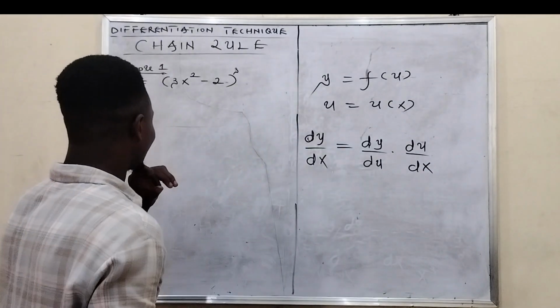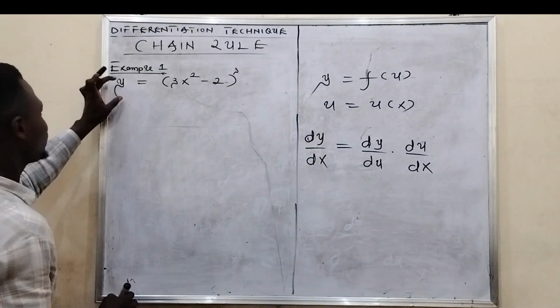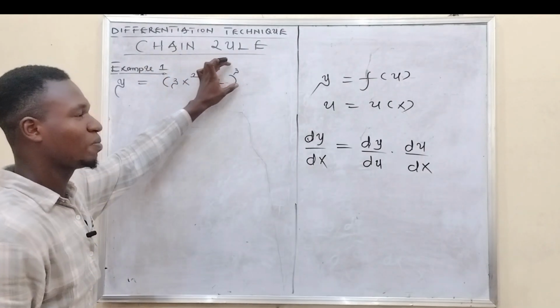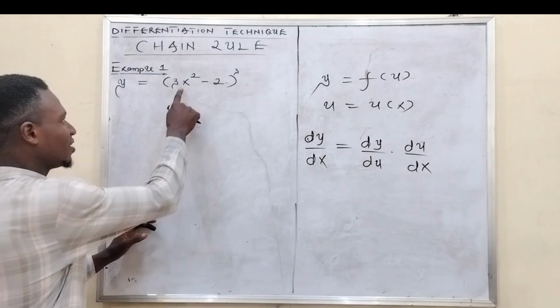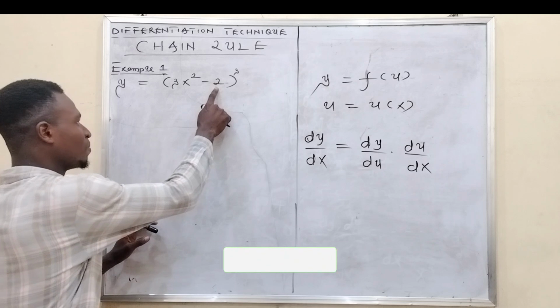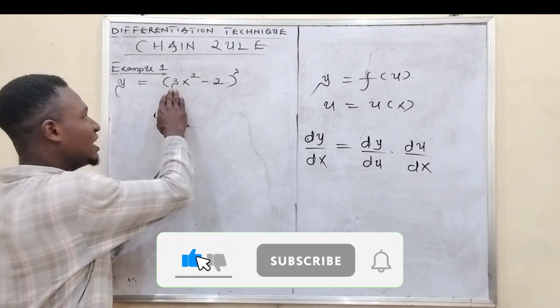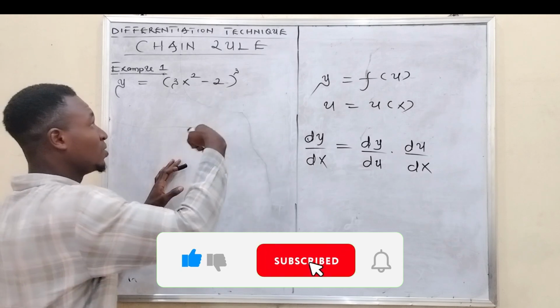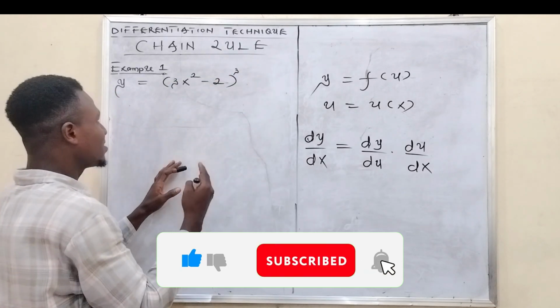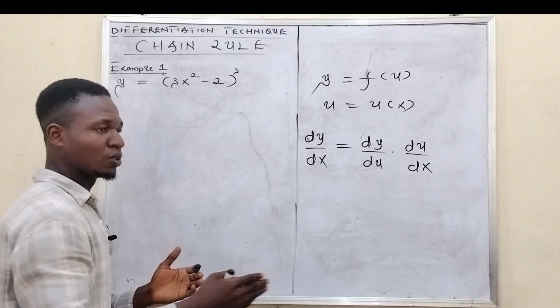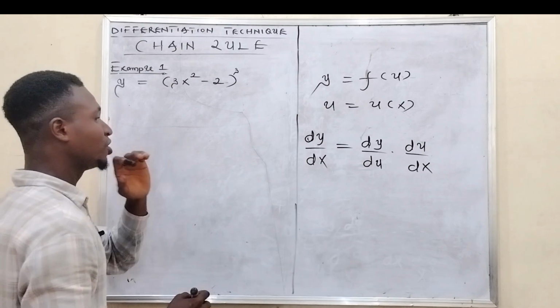Now, let us look at this example. We have y equals (3x squared minus 2) raised to the power of 3. You are having a function that is raised to the power of 3. We usually refer to this as the major function and the minor function. What is the major function here?